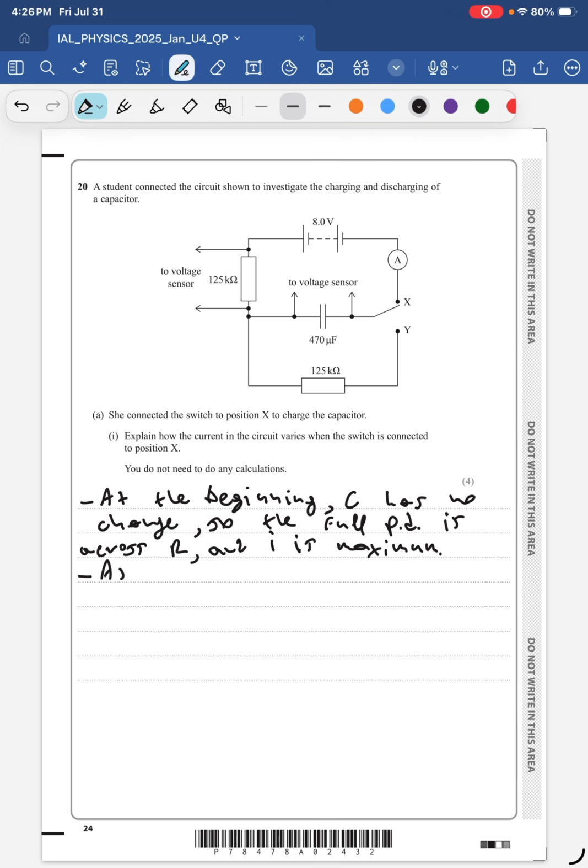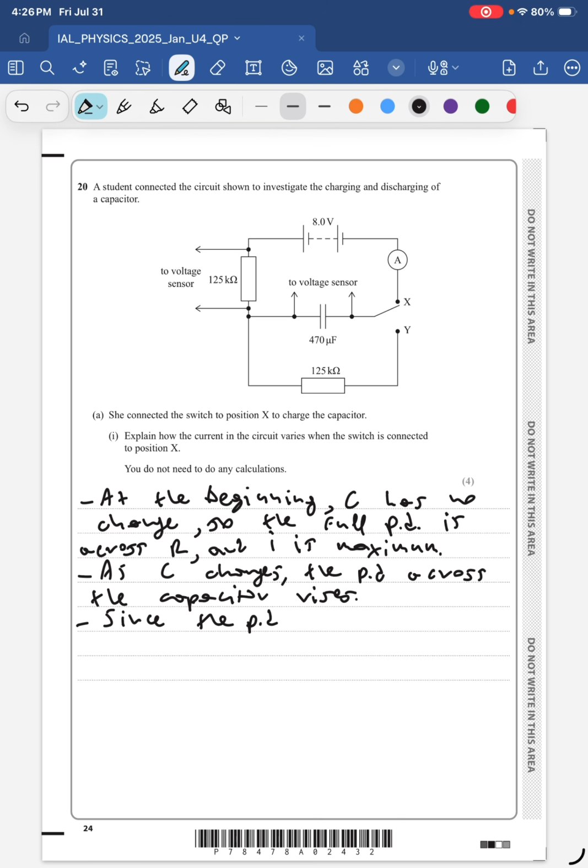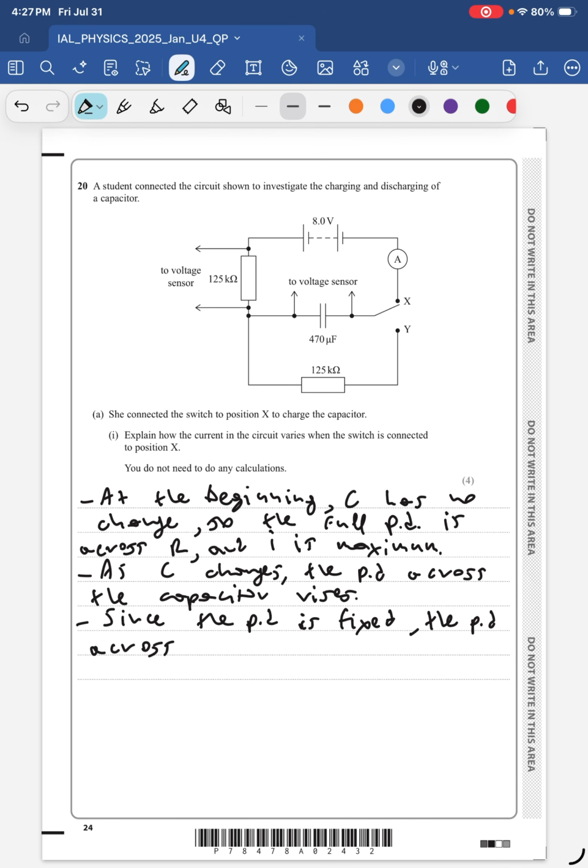As C charges, the PD across the capacitor rises. Since the supply potential difference, the battery, is fixed, the PD across R must fall.